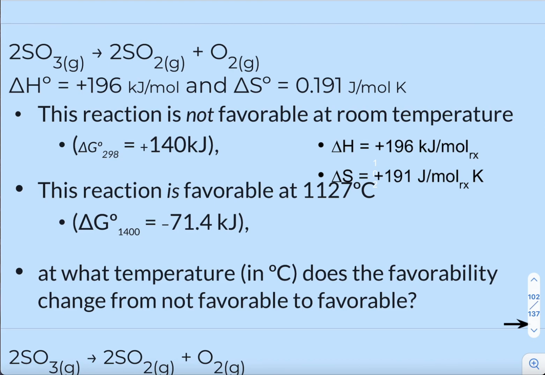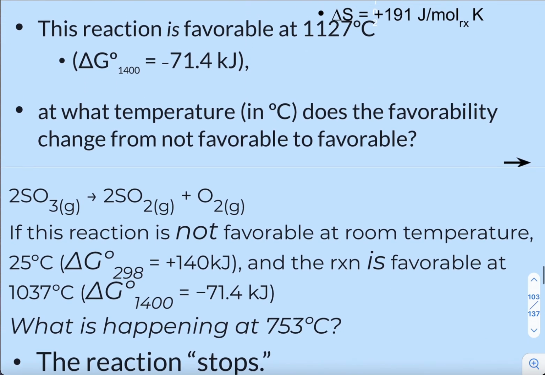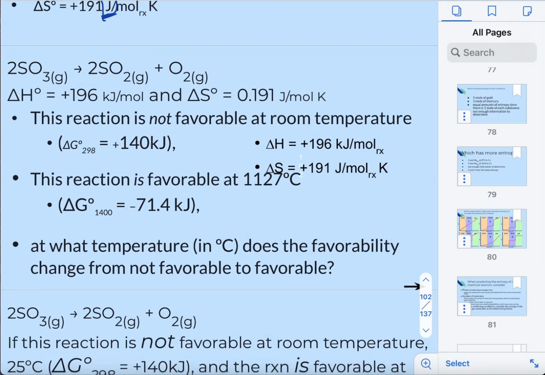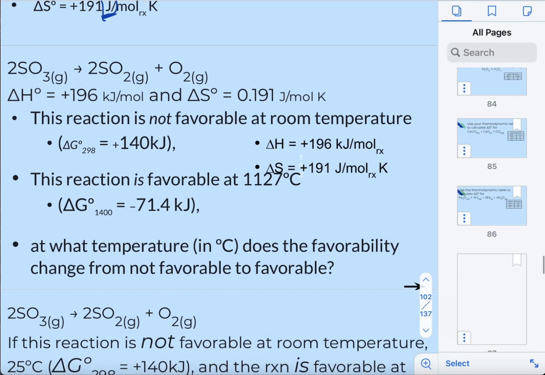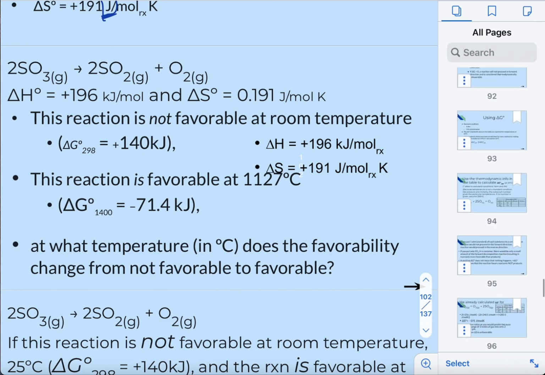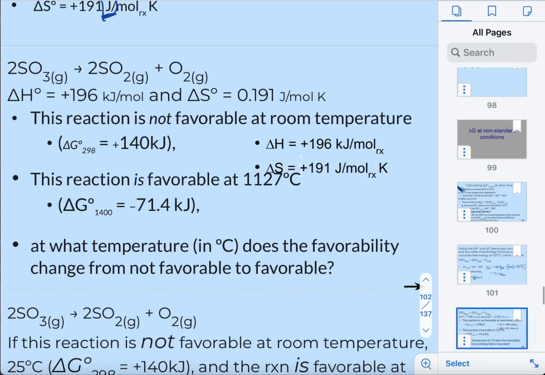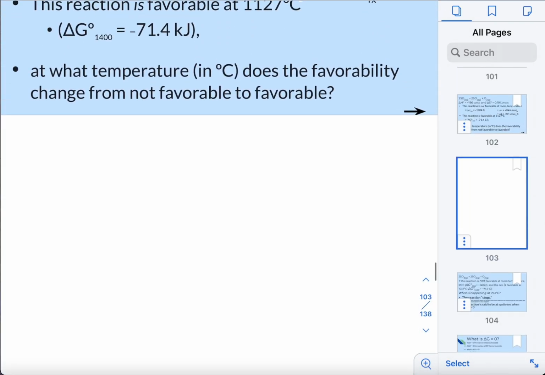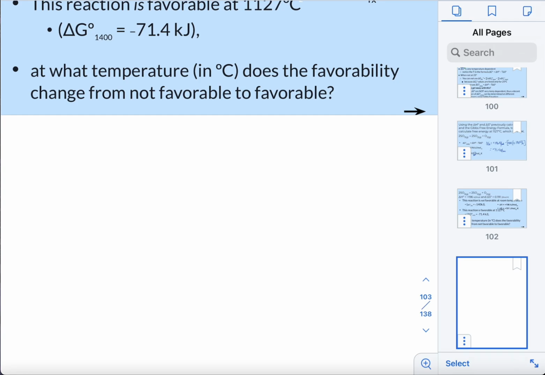To figure that out, you're just going to set delta G to 0. So if you set delta G to 0 and solve for temperature, then you can figure out what temperature it goes from positive, unfavorable, to negative, favorable.